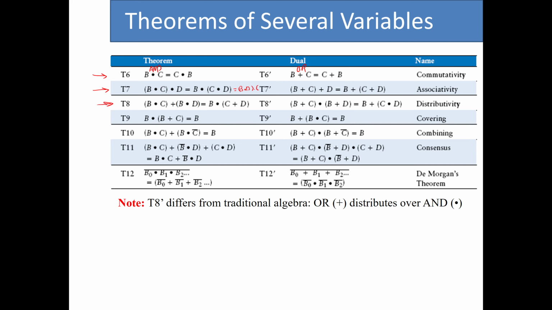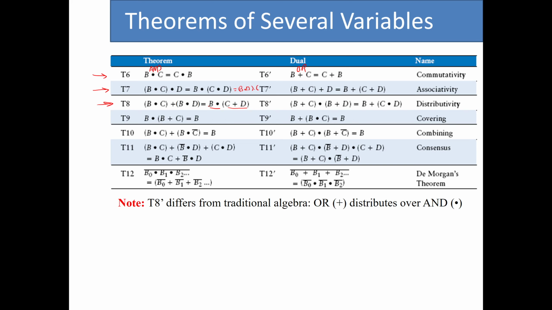The next theorem is the distributive theorem, which is again very intuitive. If we have B ANDed with C and we OR the result with B ANDed with D, that is similar to factoring out B, calculating the OR of C and D, and then ANDing the result here with B, right?